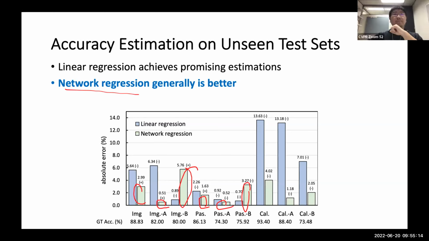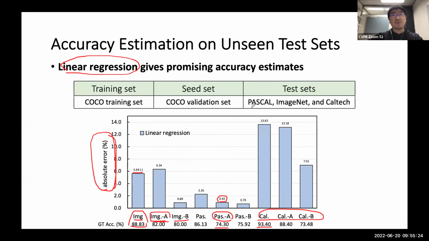That's a great question. In the current setting, let's look at this figure. For Pascal, ImageNet, and Caltech, we chose the same label space, and we assume that their label distributions are the same.